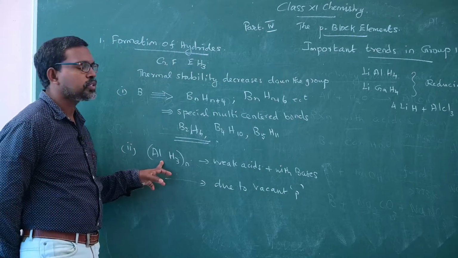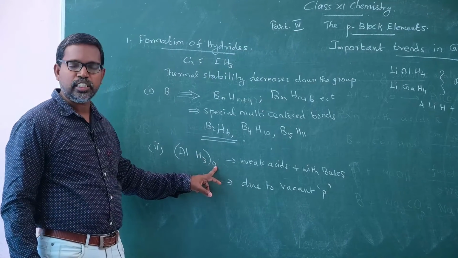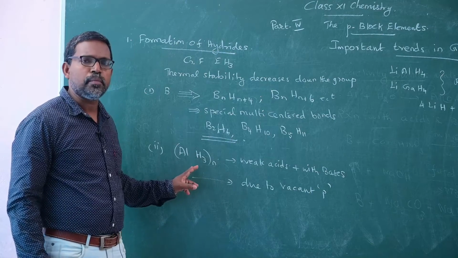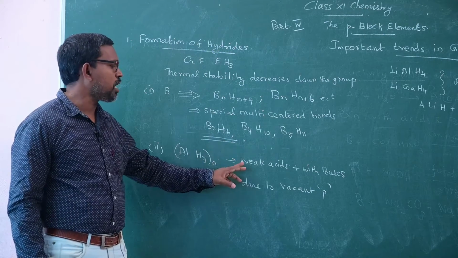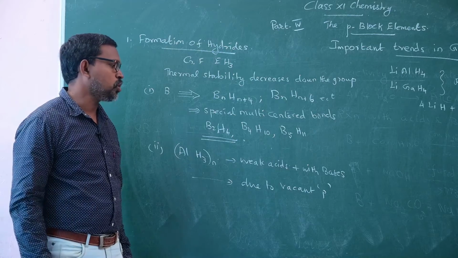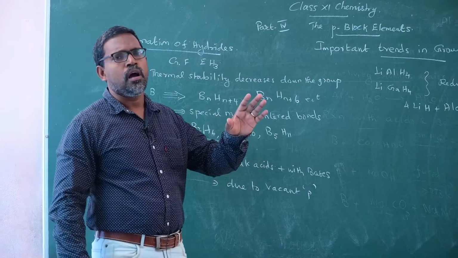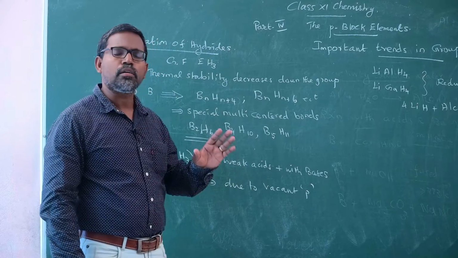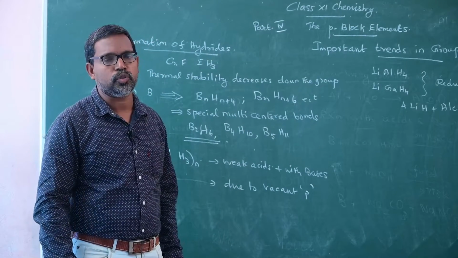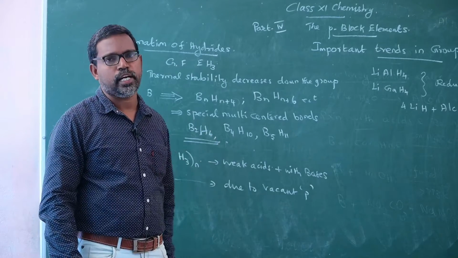Aluminium forms hydrides of the form (AlH3)n. These aluminium hydrides are weak acids. They react with bases to form complex hydrides. Why do these compounds readily form complex hydrides?